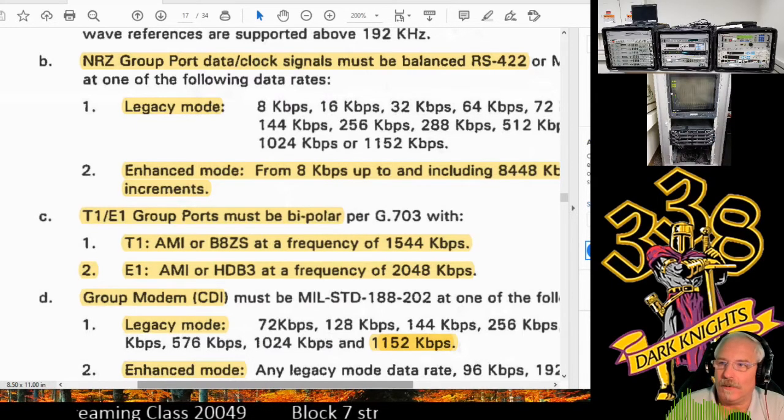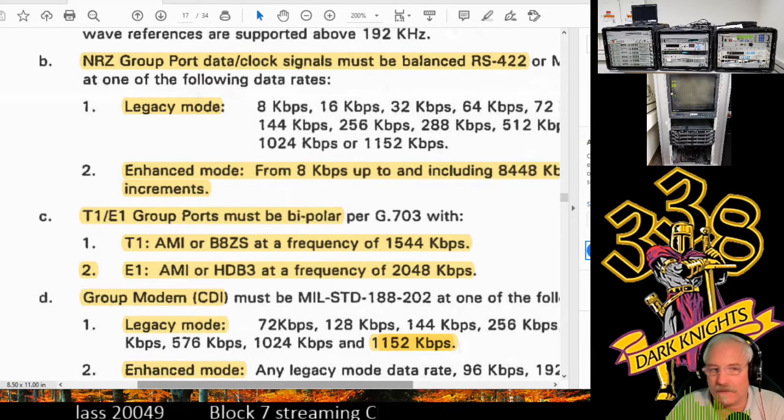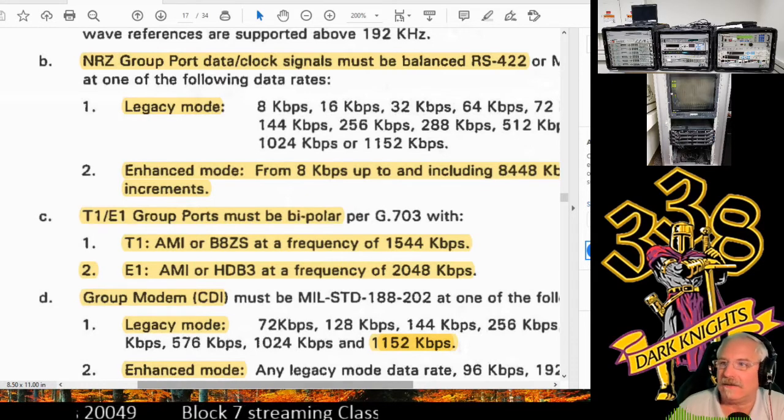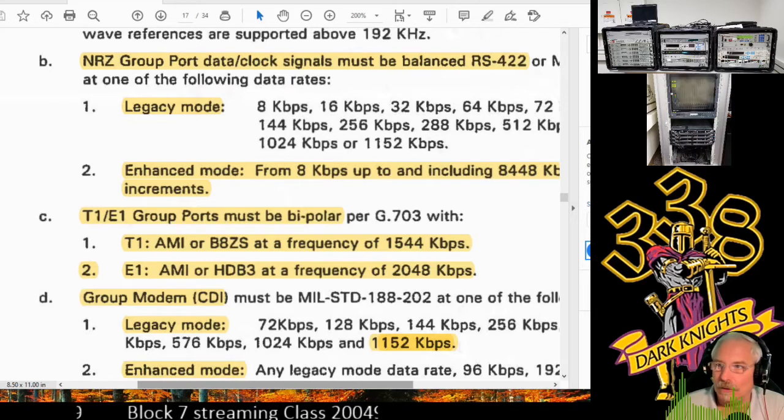But you can see where we have that Bravo 8 Zulu Sierra, that's bipolar 8. In other words, it's throwing the bit violation at the 8th zero. And then the E1, that's the European or Japanese one, which is AMI, alternate mark inversion, or HDB3. That one is thrown in at the 4th zero.